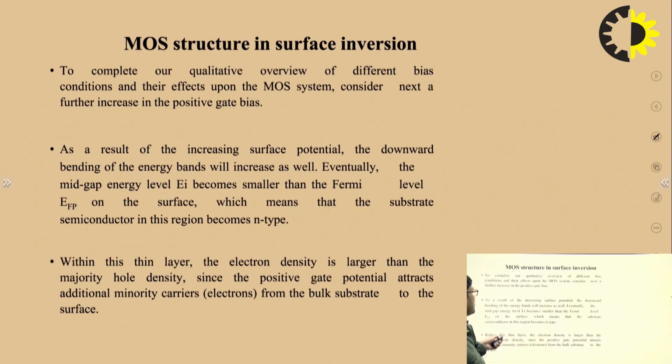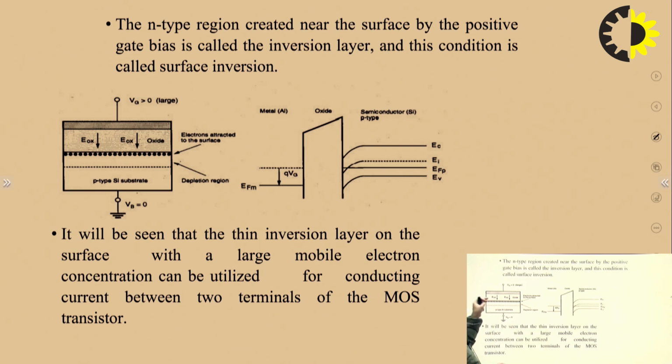As you can see, if you give a large value of the gate voltage, more electrons are attracted, and a thin layer is created at the interface of silicon dioxide, that is the insulating material, and the semiconductor layer.